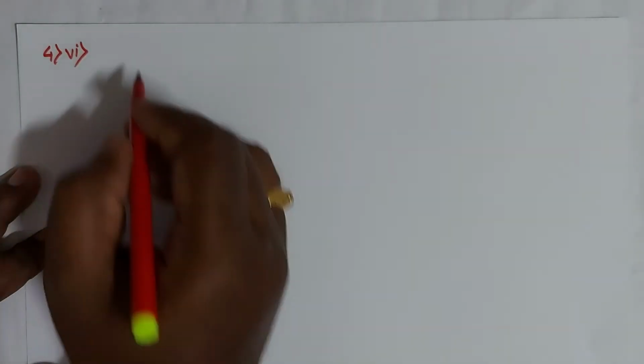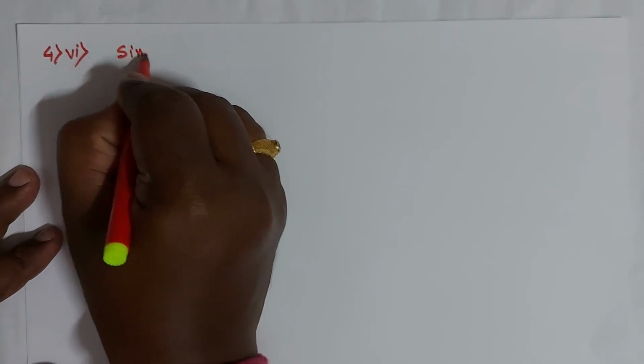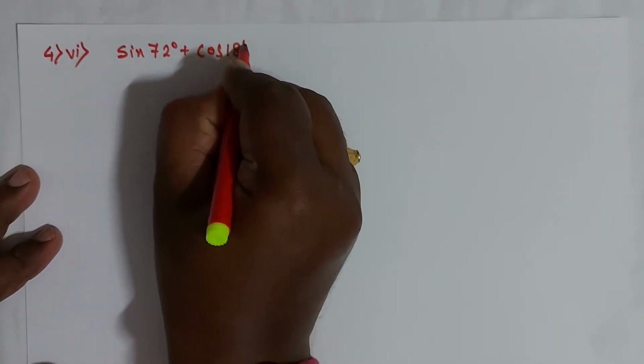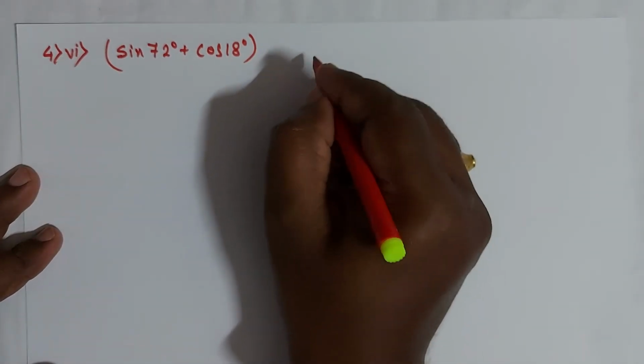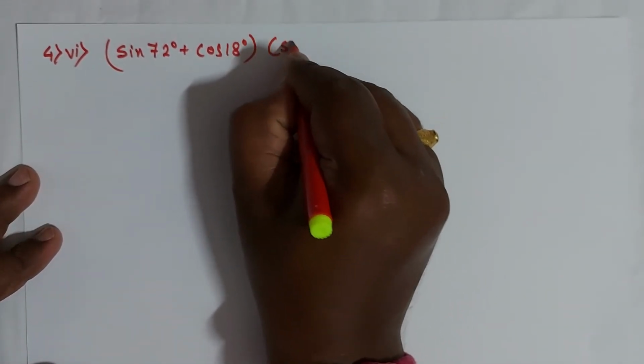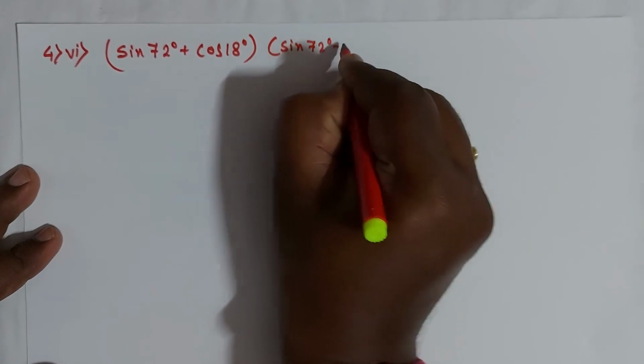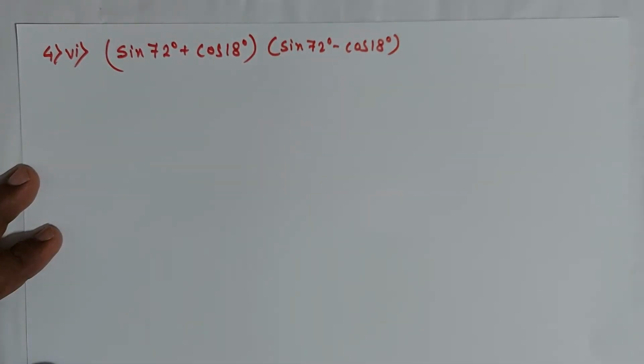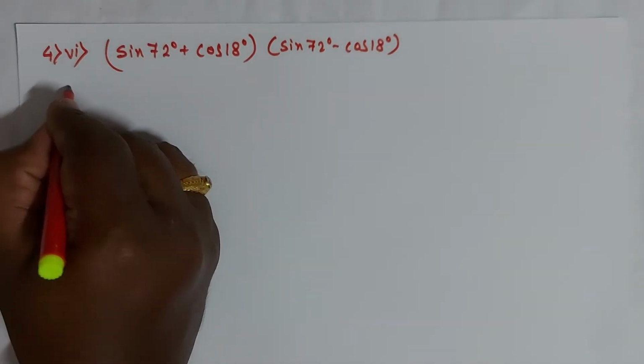Next is this one. In the question it is given: sine 72 degree plus cos 18 degree, into sine 72 degree minus cos 18 degree, equals 0, that we need to prove.